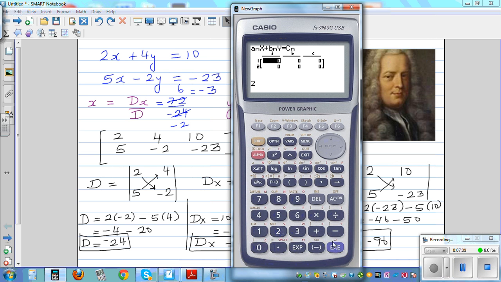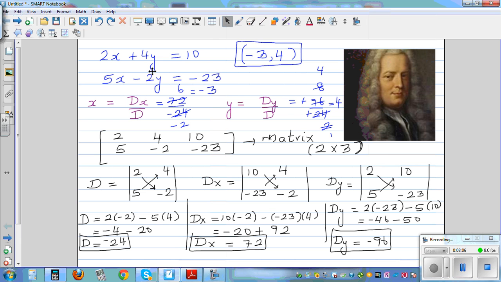So this is 2, 4, and can you see this is a matrix, 10, and the second row is 5, negative 2, and negative 23. And then if you go to solve, this is how you write x is negative 3 and y is 4. And you can also put this back and check whether the answer makes sense.